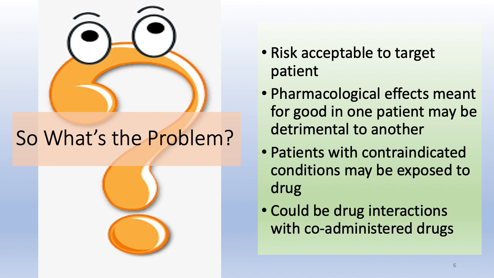And then also, there could be some drug-to-drug interactions that can occur with co-administered drugs. So the contaminant could actually lead to drug interactions in a patient who is taking other drugs. And those could either reduce the therapeutic effect of the drug that the patient is actually taking, or could even cause some adverse toxicological type of effects.